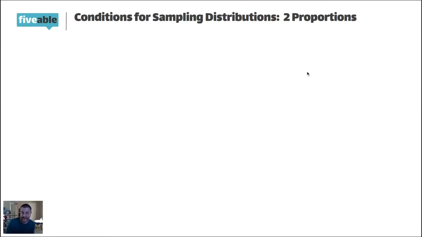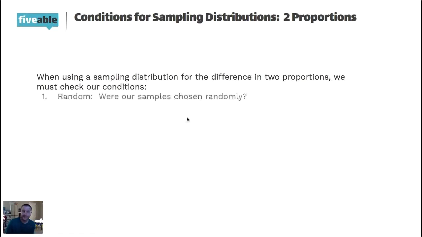And so with that, in order to use a sampling distribution to calculate things that are really interesting, we need certain conditions. All right. So the first one, a lot of textbooks don't have this listed as being necessary, but I go ahead and throw it in because it works right in with the next units as you move into inference. Were our samples chosen randomly?